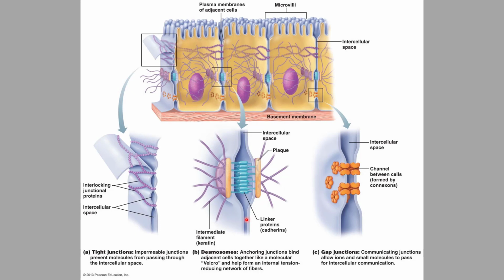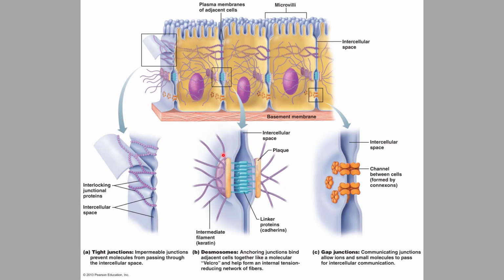The boat's not going to go anywhere. It's held tightly in place. But the boat is free to move around. That's how desmosomes work. One cell and the other cell, they're held very tightly together by these cadherins, these proteins. They're held very tightly together, but they can move a little bit independently of each other.